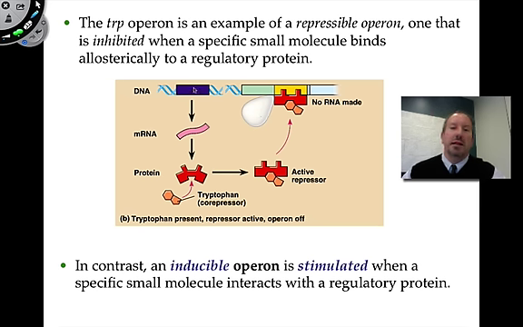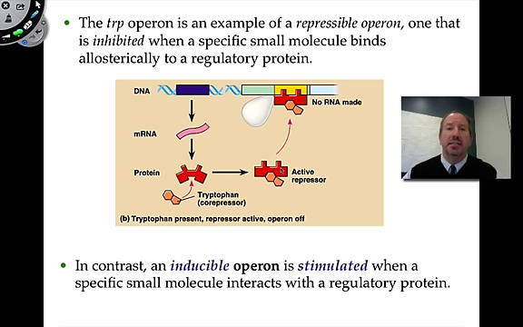Like the tryptophan operon, and if you don't mind, I'm going to review that for a second. The trp operon is a collection of genes, as you recall, in E. coli that all correspond to the biosynthetic pathway that produces the amino acid tryptophan. And we said that it was a repressible operon, meaning that when tryptophan is in high concentration, it binds to a repressor protein that's produced all the time and is inactive, which is weird.